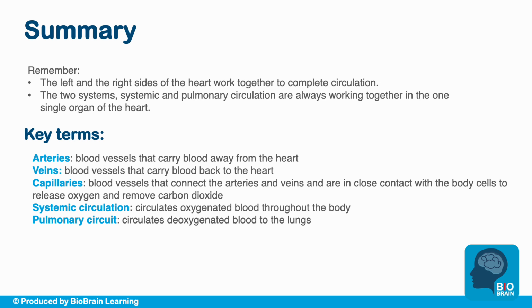It then returns this oxygenated blood back to the heart. Now, remember, the left and the right heart work together to complete circulation. The two systems are always working together in one single organ of the heart.